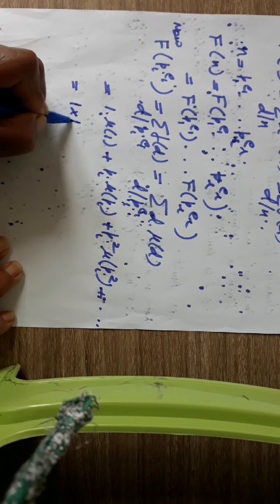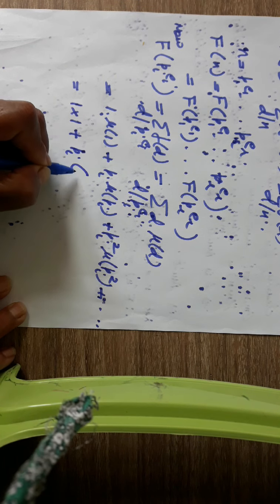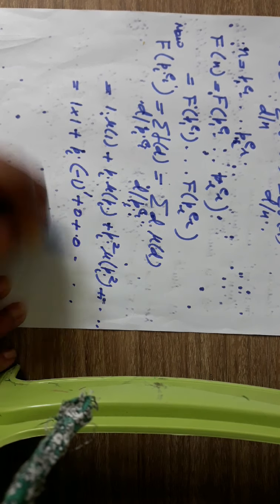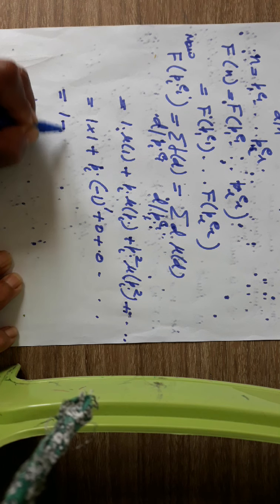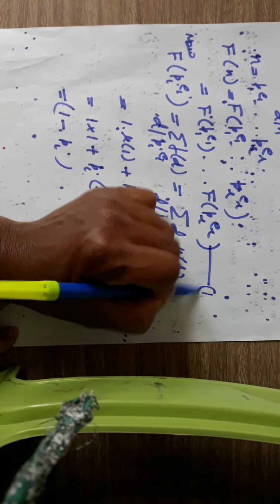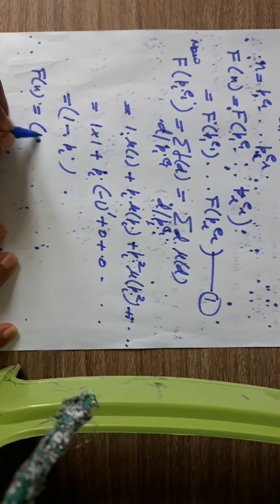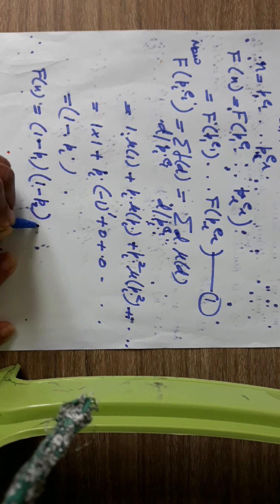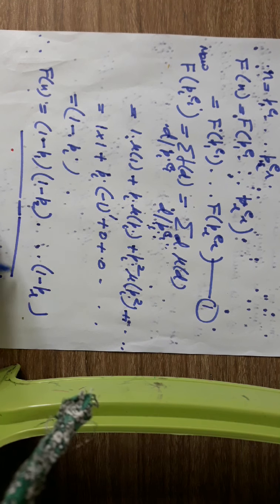So we have 1 into 1, because mu of 1 is equal to 1, plus pi into minus 1 to the power 1, plus 0 and so on. This will be equal to 1 minus pi. So name this as equation 1. Therefore, F of n is F of p1, which is 1 minus p1, F of p2 which is 1 minus p2, and so on up to 1 minus pr, and so this completes the proof.